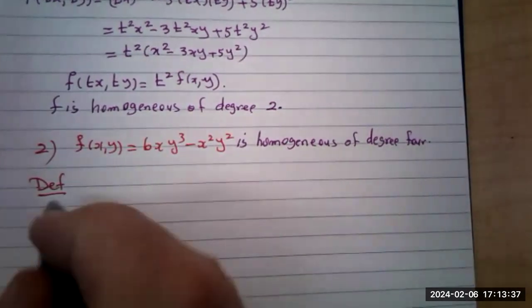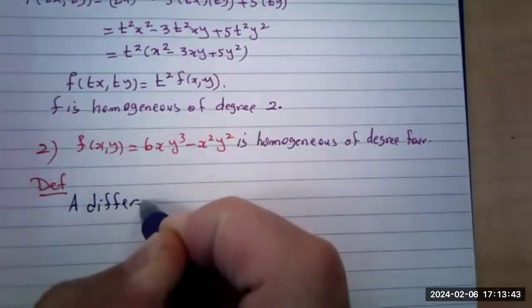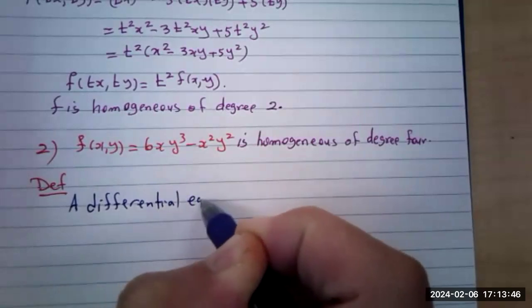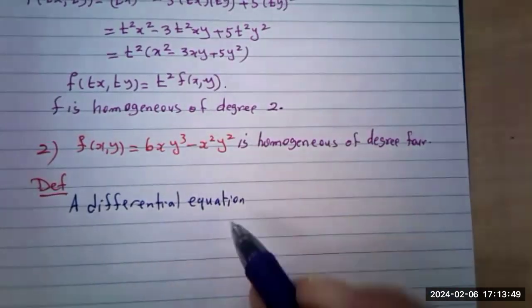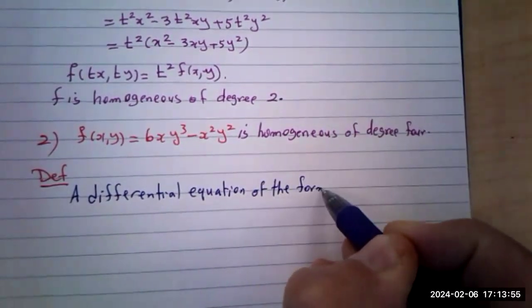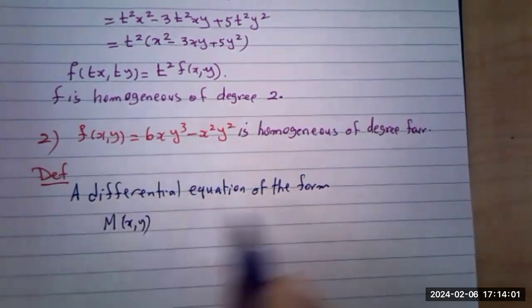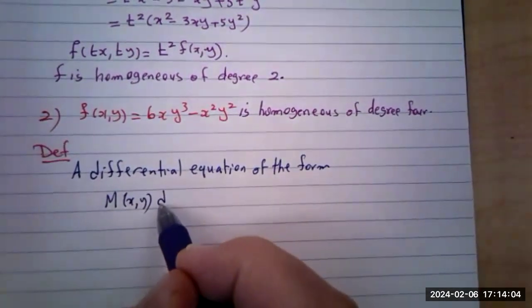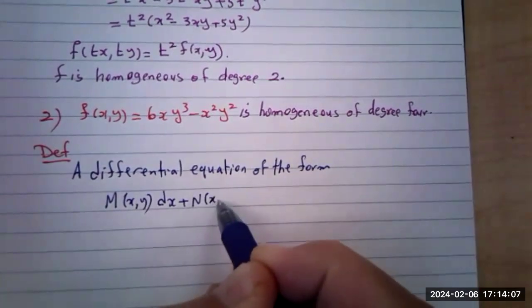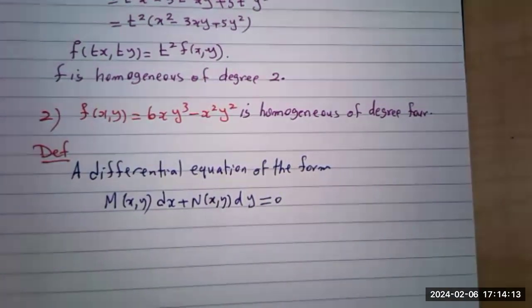A differential equation of the first degree of the form M(x,y) dx plus N(x,y) dy equal to 0 is homogeneous if both M and N are homogeneous functions of the same degree.